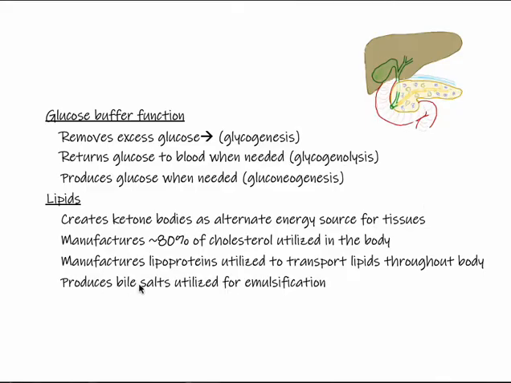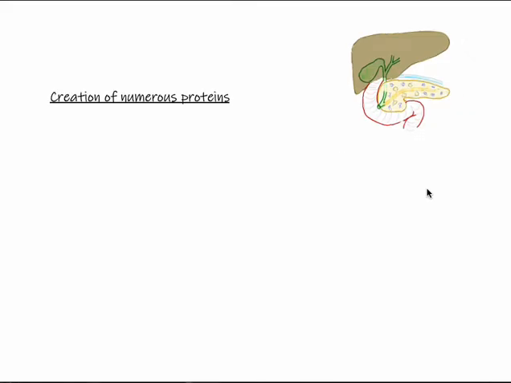It also produces bile salts, and the bile salts are things that will be put into bile, and as long as you have a gallbladder, those will be stored in the gallbladder to be later released to help with digestion. The liver is responsible for creating numerous proteins in our body. So this will include proteins such as albumin, which are used as carrier molecules.